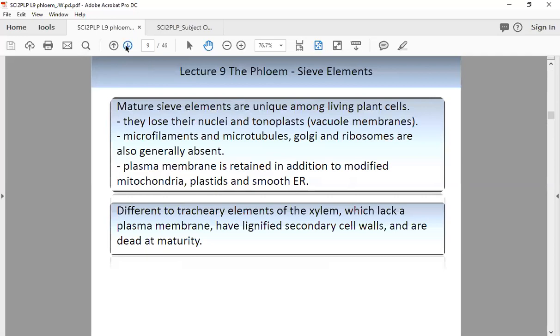But given that phloem don't tend to be lignified, do you think that there would be negative pressure in the phloem? Positive, absolutely. It's positive pressure. So we don't have that requirement here in the phloem to have those super strong cell walls. Absolutely right.